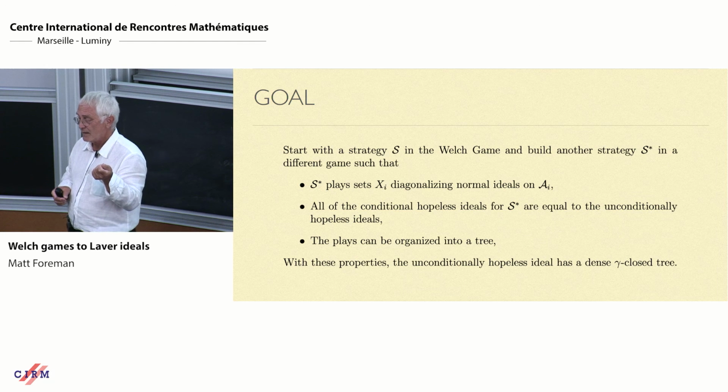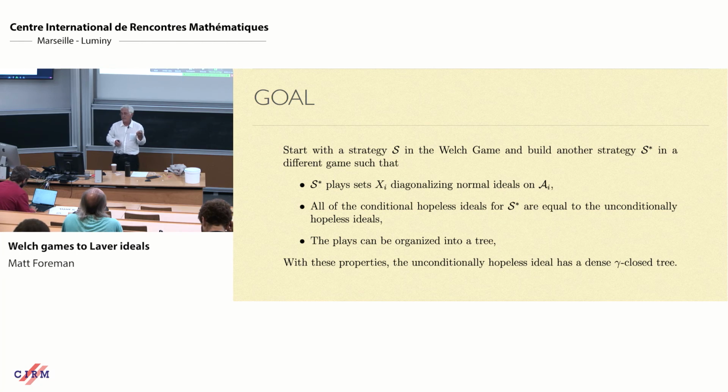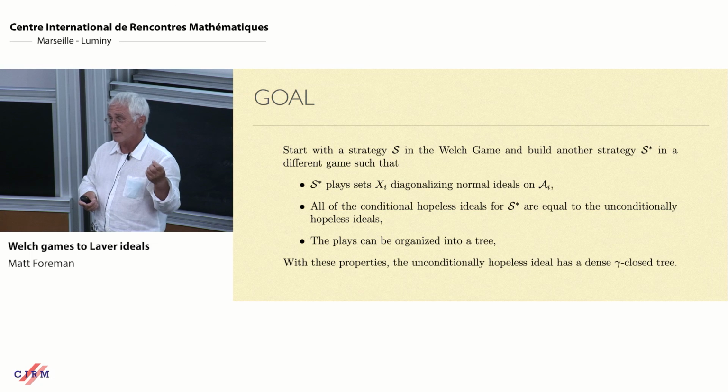When you do this correctly, all of the conditionally hopeless ideals for S star are equal to the unconditionally hopeless ideals. So no matter what you do during your lifetime as player P, if there was hope for you when you were born, there's still hope for you. Okay? So the unconditionally hopeless ideals are the same as all of the conditionally hopeless ideals.